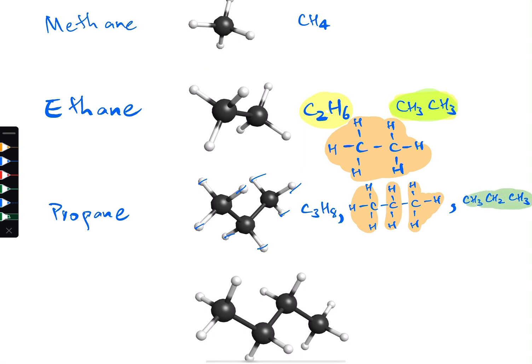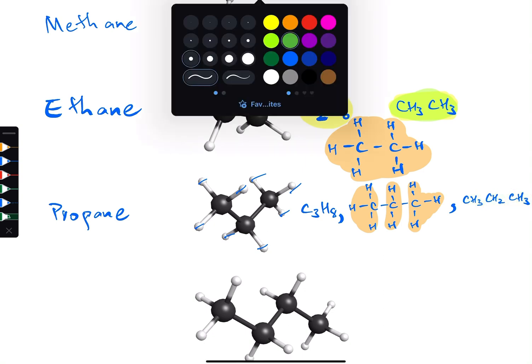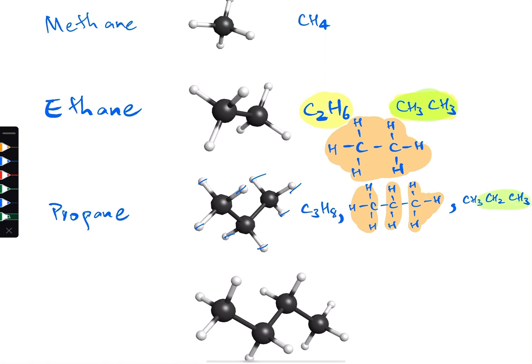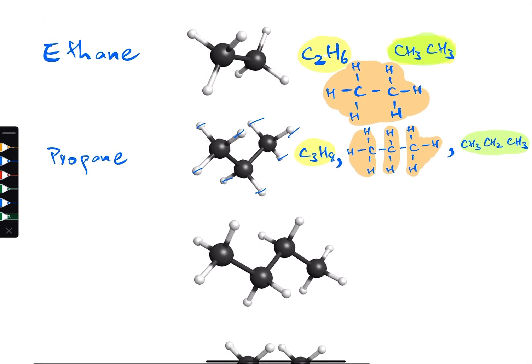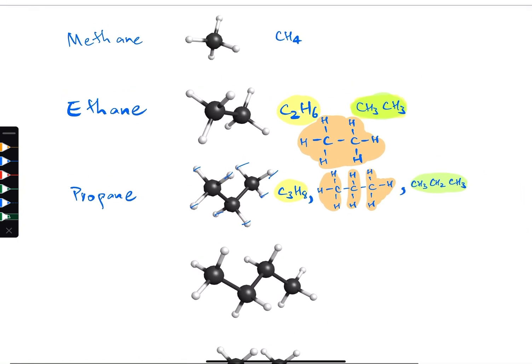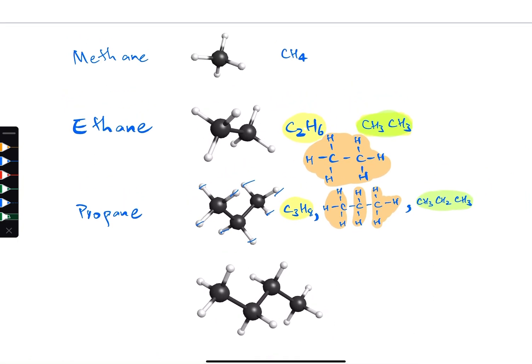So the one in green, we use the same lime green, this one in green, that's the condensed structural formula. The one in orange is the structural representation, and the one in yellow again is the molecular formula. Okay, so those are the first 3 alkanes. Methane, 1 carbon. Ethane, 2 carbons.